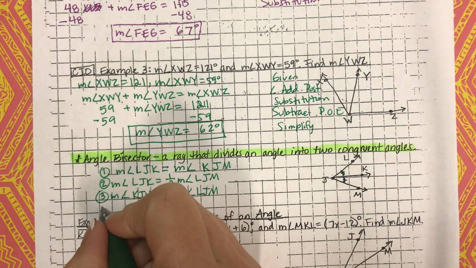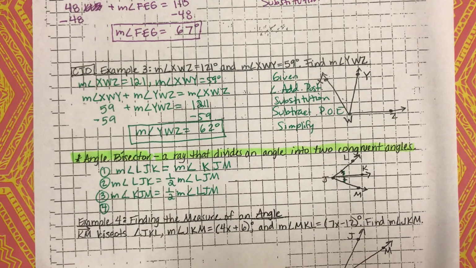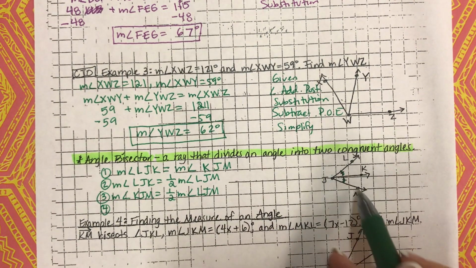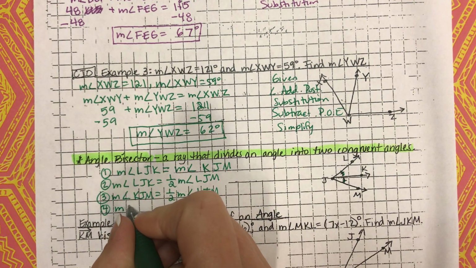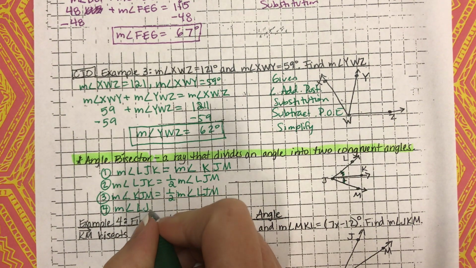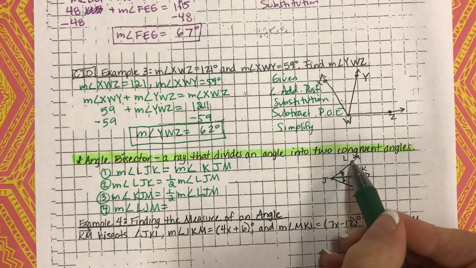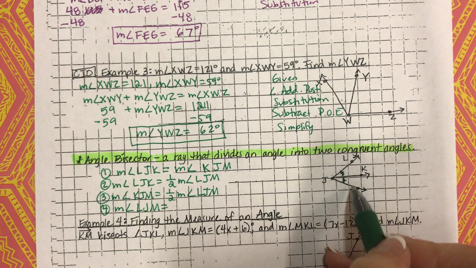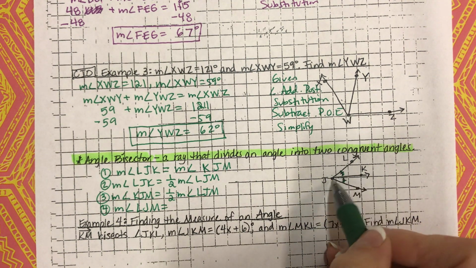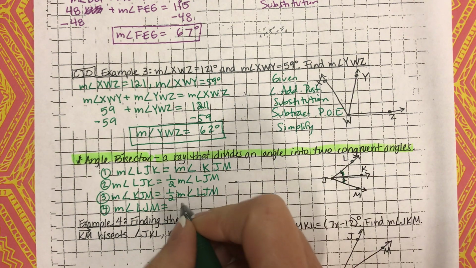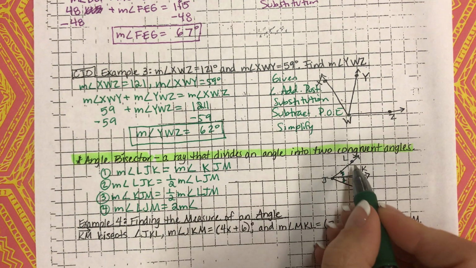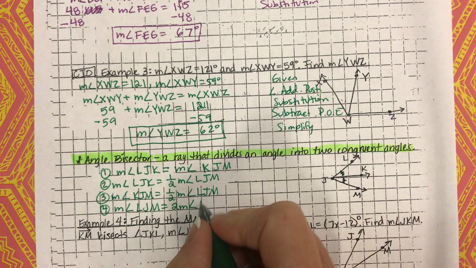And then the fourth equation would be, if we look at the whole thing, the measure of angle LJM is equal to 2 of these, right? These are the same, so basically 2 of the same thing would equal a whole. So we'll just say 2 times the measure of angle LJK.